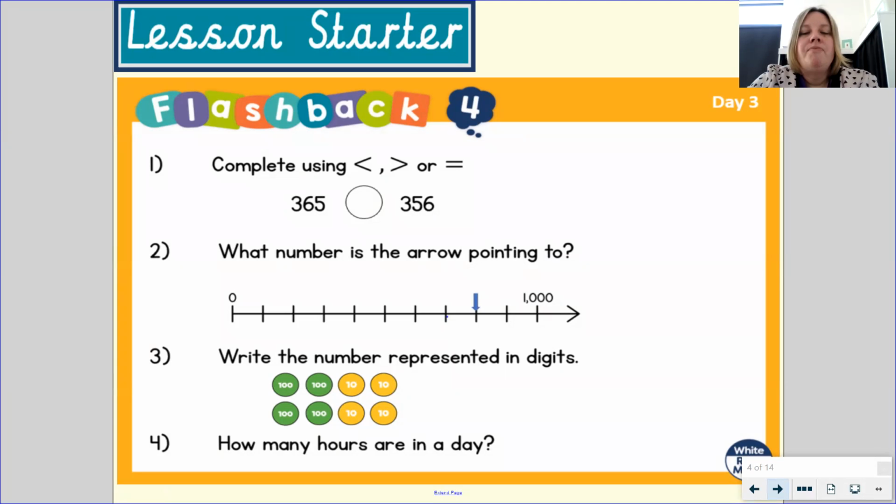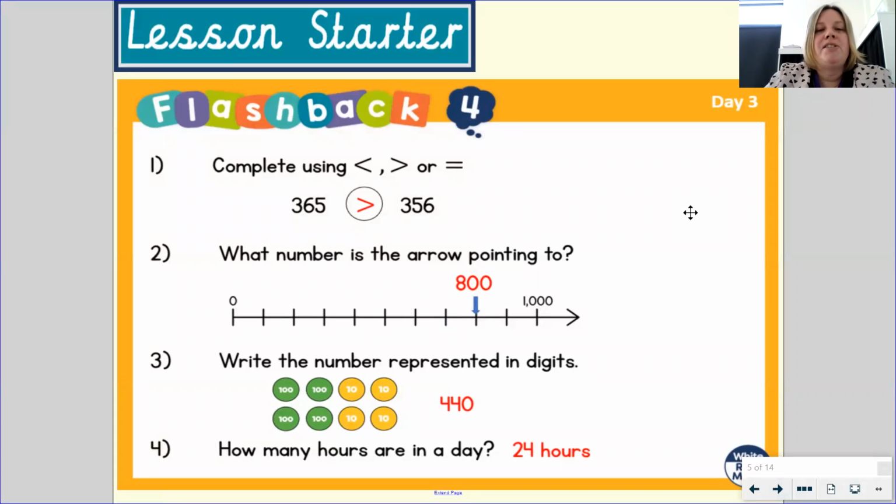Question number 3. Write the number represented in digits. So each green counter is worth 100 and each yellow counter is worth 10. Question number 4. How many hours are in a day? Pause your video now and have a go at answering those questions for me.